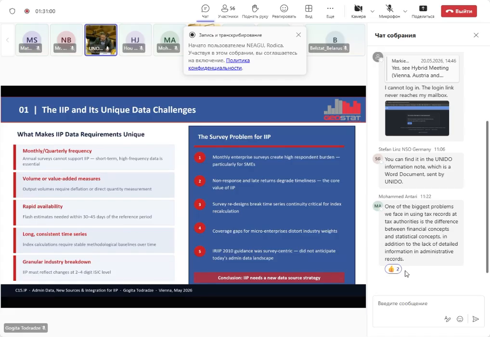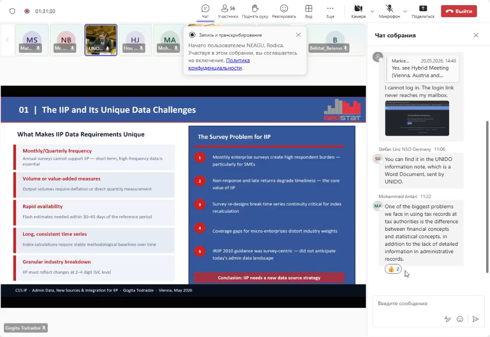Any source change must be carefully managed to avoid breaks. Monthly surveys struggle to meet these demands. Respondent burden is high, non-response rates are higher than for annual surveys, and late returns undermine the timeliness that makes IIP valuable.